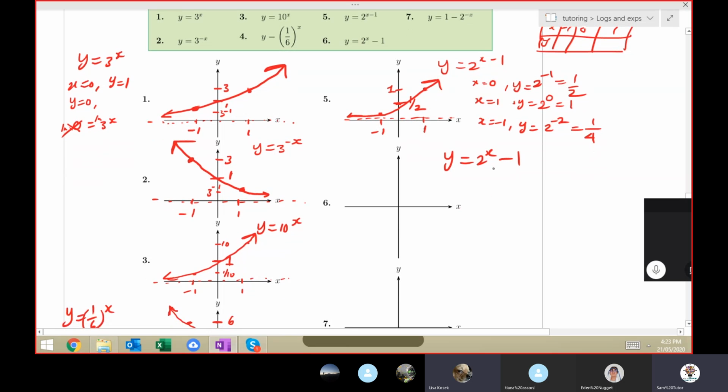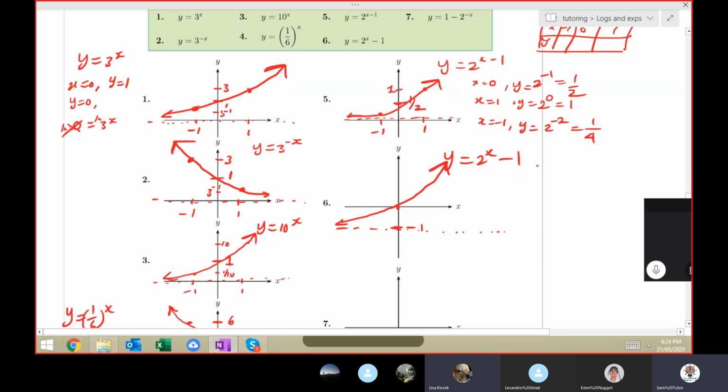Yeah, it's a normal exponential, but shifted down 1. So what's your asymptote going to be at? Negative 1. You are right. And where will it cut through? 0. Yes, because usually it cuts through at 1, but you're going to bring that 1 down to 0. Good job. And just a normal exponential, like you said.